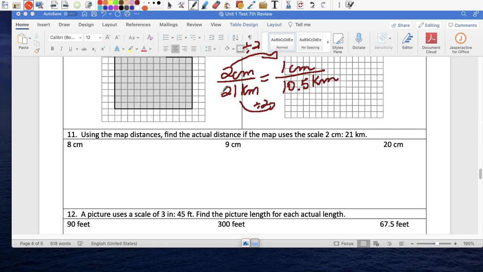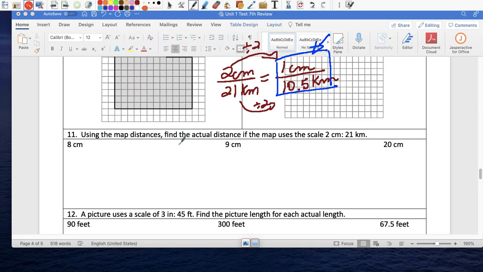Remember, if the question was one of those questions where you had to compare scales to see which one would result in the largest drawing or the smallest drawing, then I would definitely change it. But in this case, it's just a simple proportion problem. Your choice. So I'm going to use the simplified unit rate version.